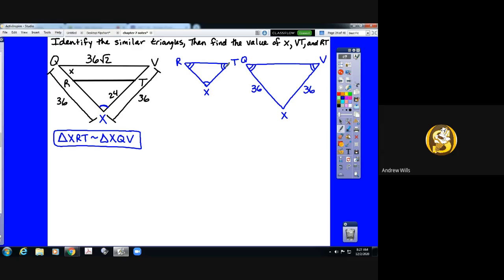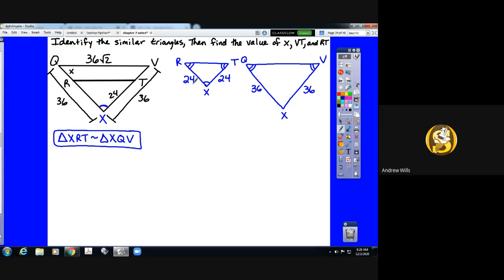And since the bigger triangle is isosceles, the smaller triangle has to be isosceles as well, which means that XT, which is 24, and RX are both 24. Sorry, I stumbled on my words a bit there. Okay.